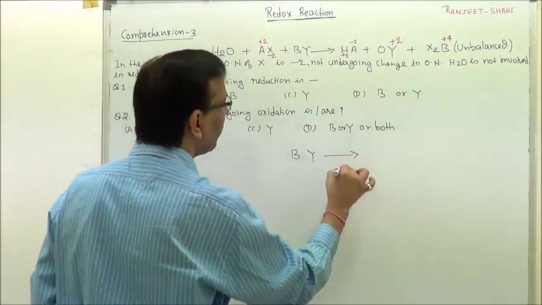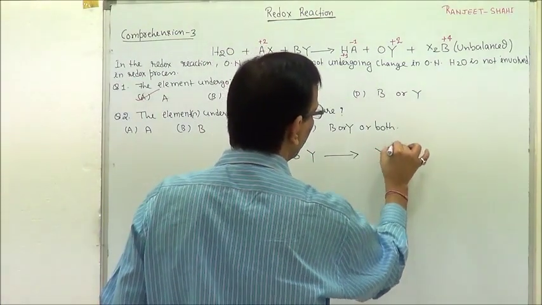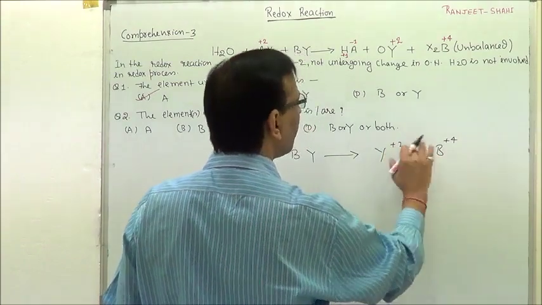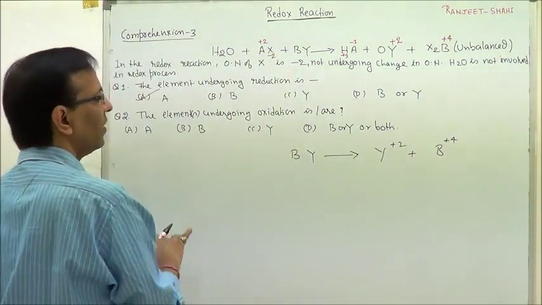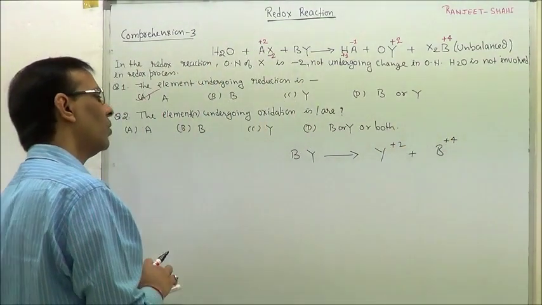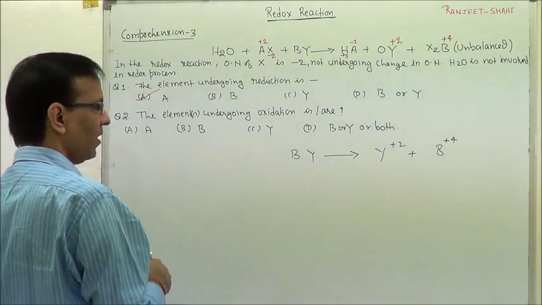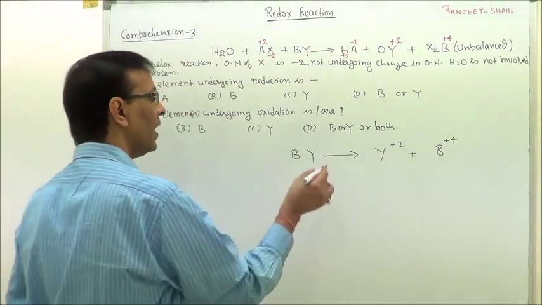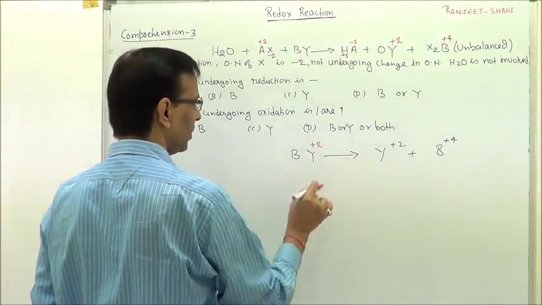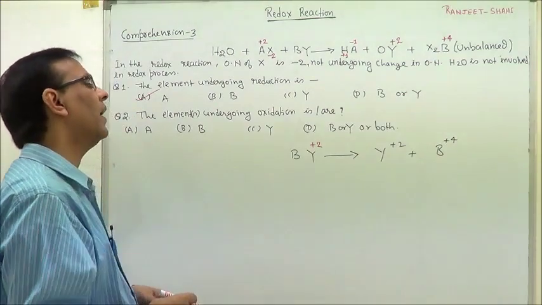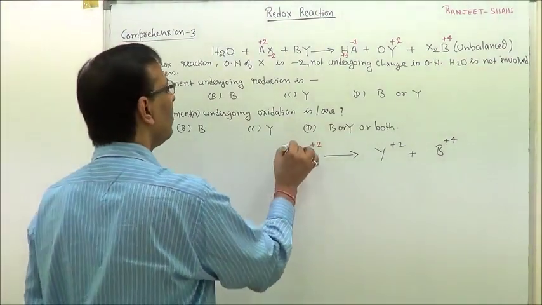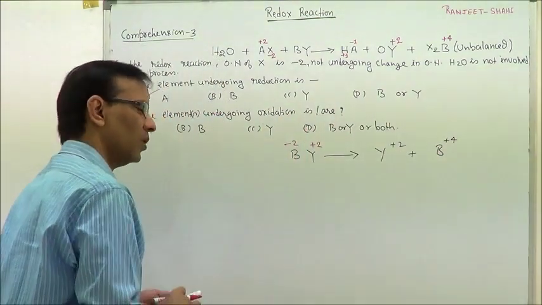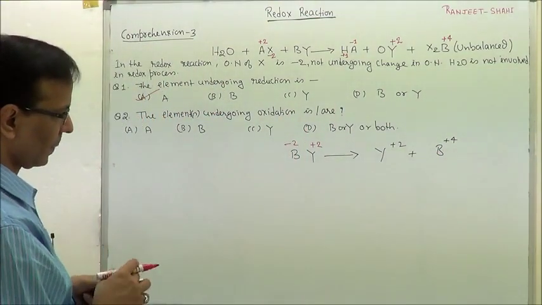By giving Y plus 2 and B plus 4, these two are fixed. The only thing is, on left side we'll have to verify what is happening with B and Y. So if we assume that Y is plus 2 on two sides, it is not undergoing any change. So B is minus 2 and it is undergoing oxidation since minus 2 to plus 4. It is possible.